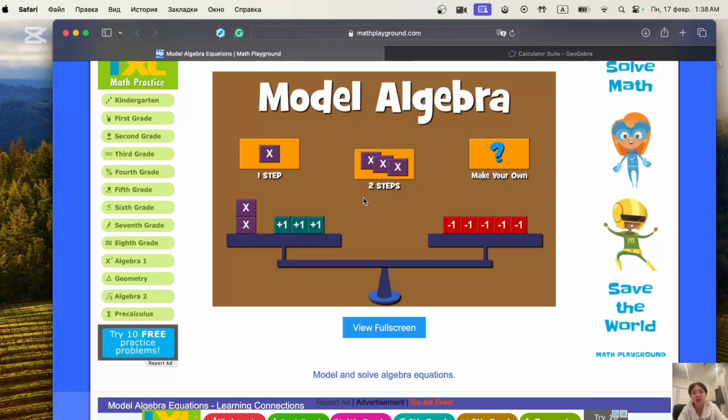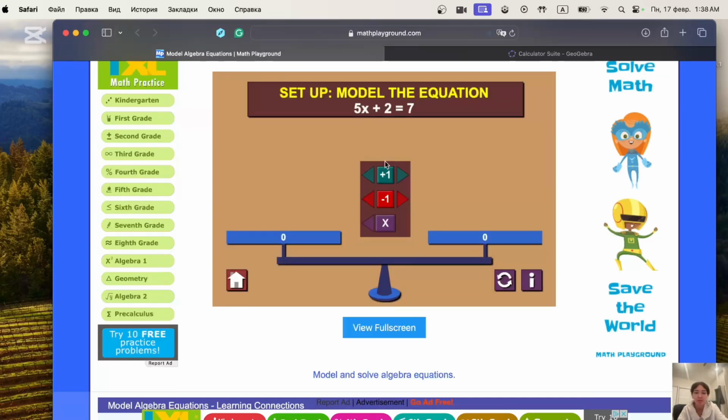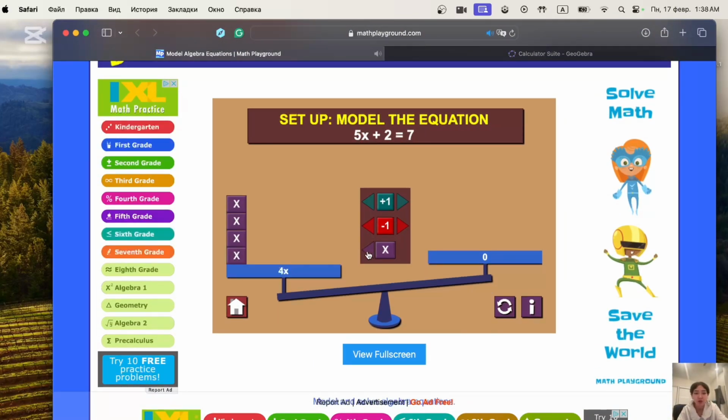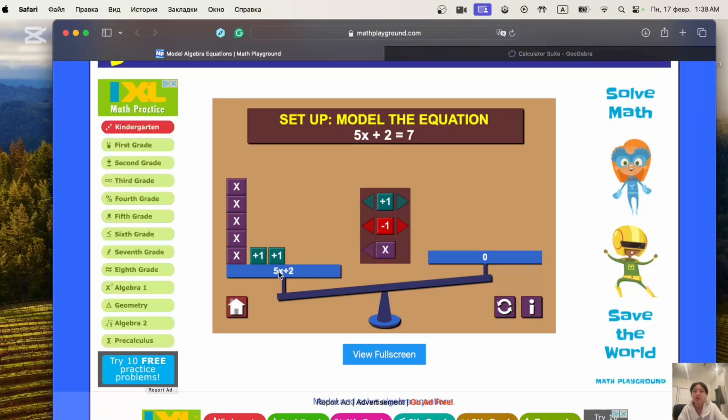We will create a two-step equation. So we can see the equation 5x plus 2 equals 7. Let's solve using the balance scale. What do we need to do? Here is 5x plus 2. 5x plus 2. And on the right side, 7.